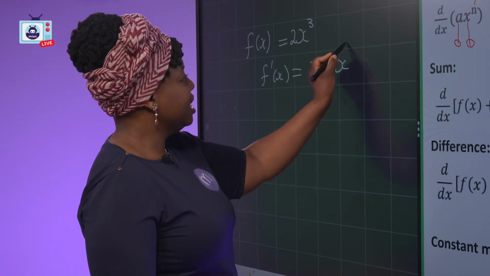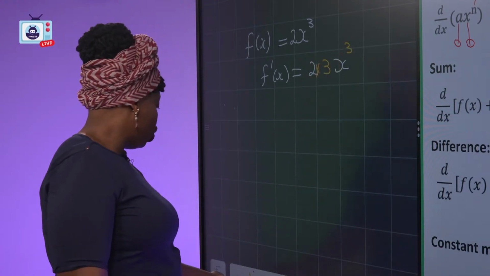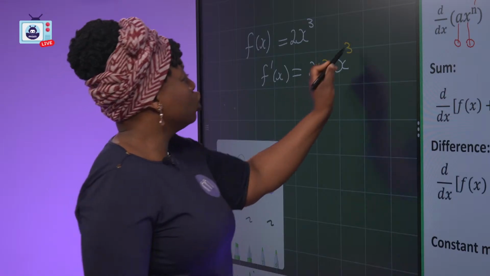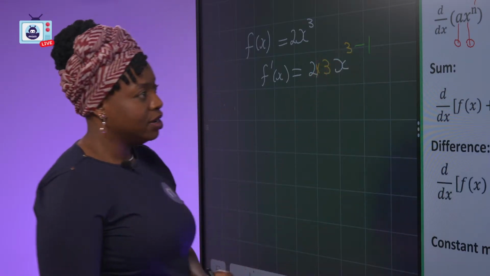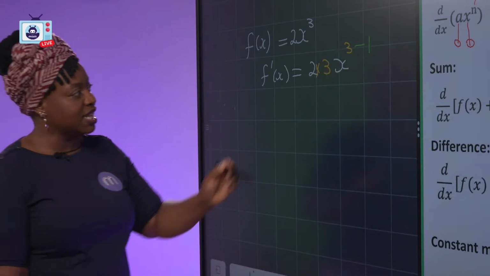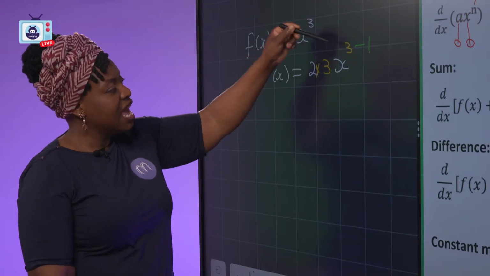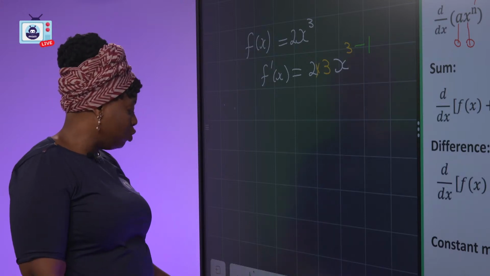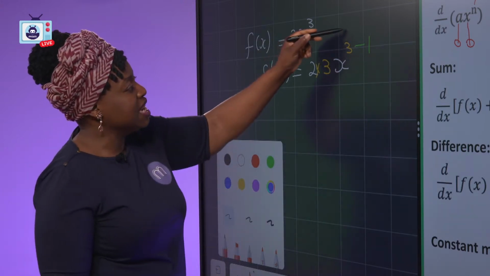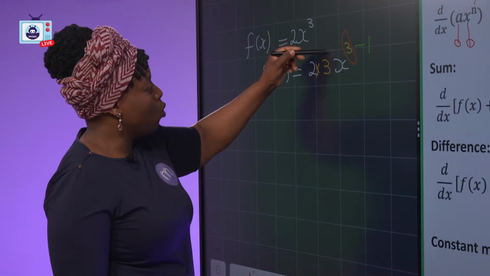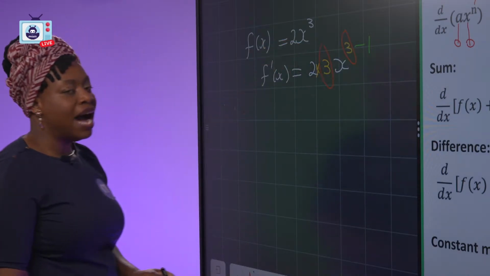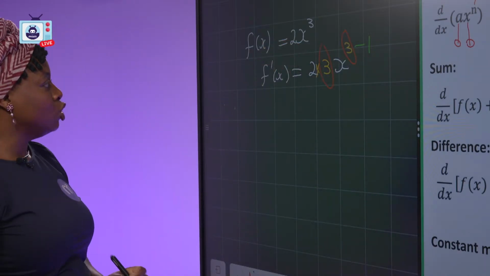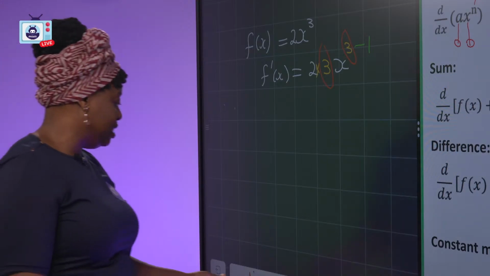That is the 3 that we have. But even though we are dropping the 3, we also need to subtract 1. That is what the rule says. You're dropping the 3 and then you subtract the 1 as it shows there. You always have to remember that the 3 that I have here is the one that has come here, but I'm multiplying with that. It's not just something that is different from that.